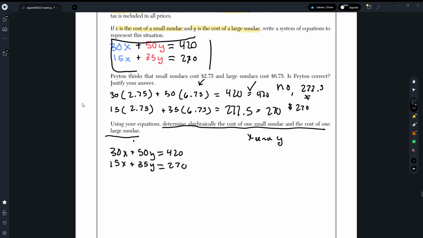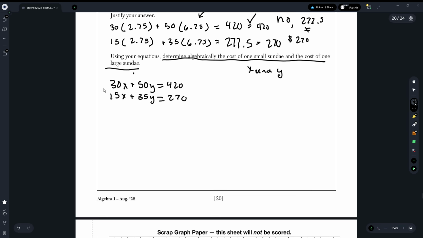One way to solve a system of equations like this is just to make two values equal to each other and then subtract them. So in this case, we're going to look down. We're going to see that 30 is just 15 times 2. So I could rewrite this as 30x plus 50y is equal to 420. I could multiply this entire side by 2. So I could just do 30x plus 70y is equal to 270 times 2, 540.